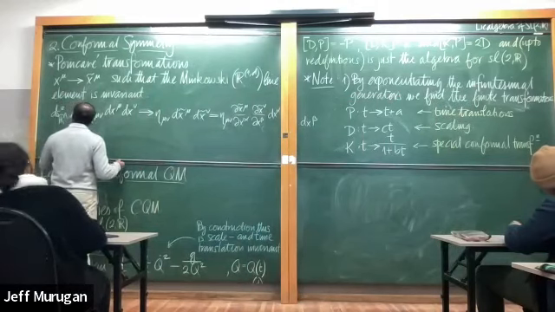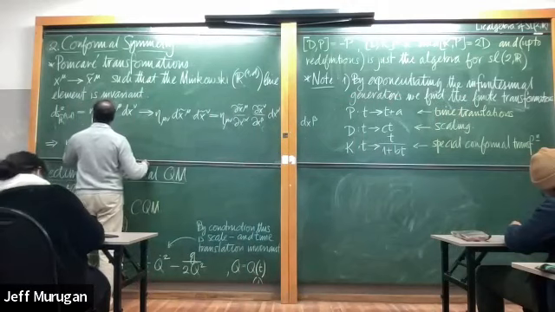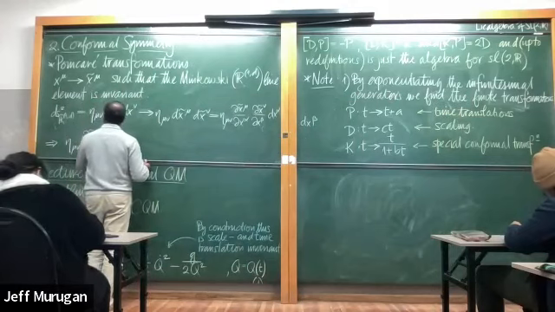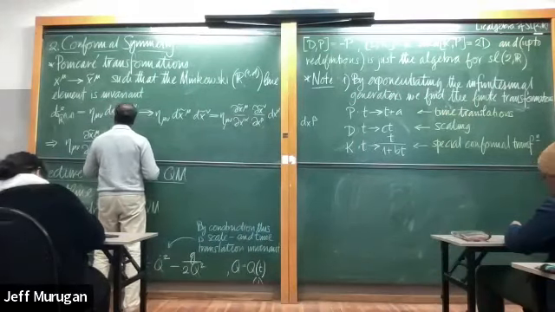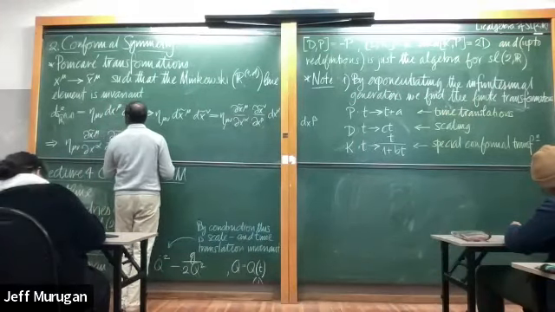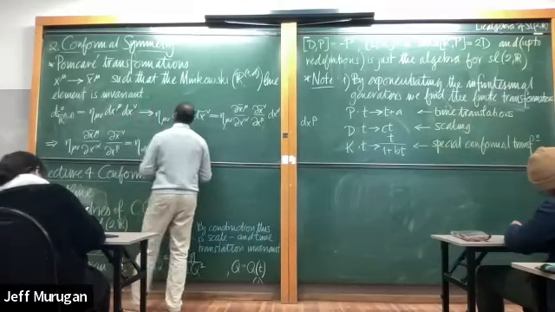So eta_{mu nu} dx tilde^mu by dx^alpha dx tilde^nu by dx^beta must be eta_{alpha beta}.